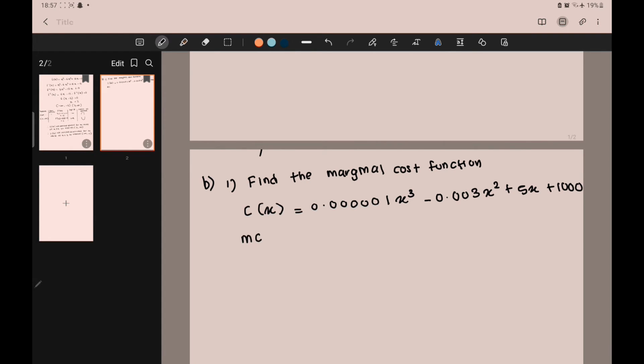To find the marginal cost function, we use the first derivative and we get 0.00003x squared minus 0.006x plus 5.